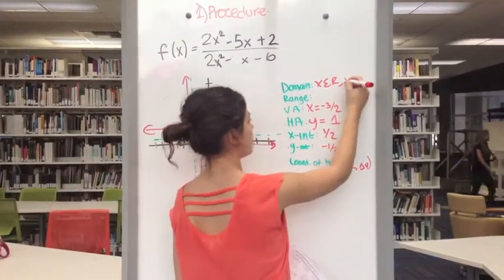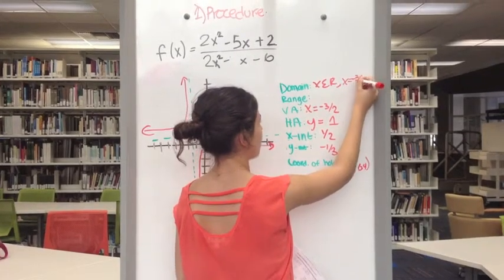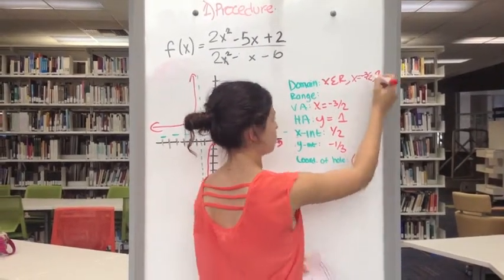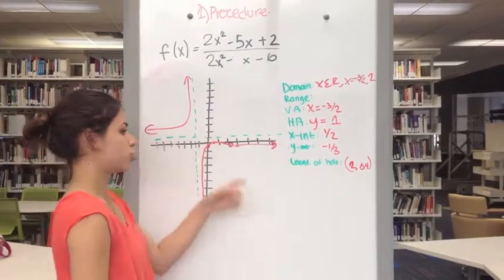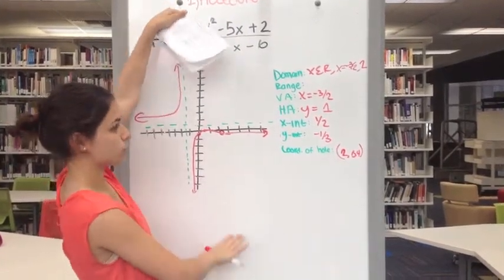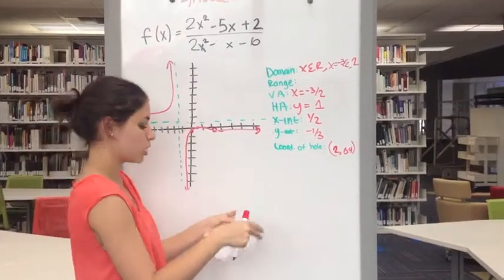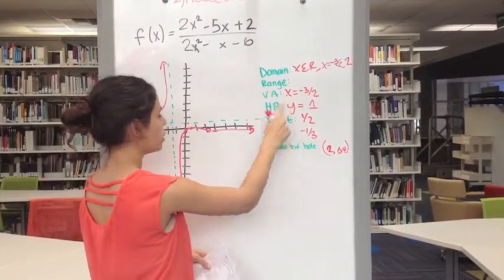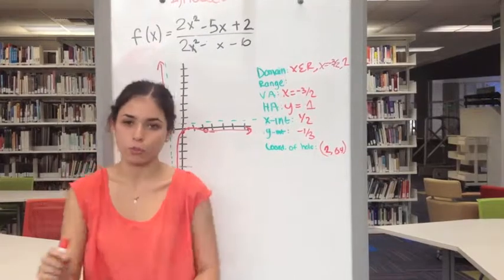So x is not equal to negative 3 halves and 2. And as well as the range, it's going to be all real numbers because it goes up to infinity on both sides, but it cannot touch 1 or 0.4 as well.